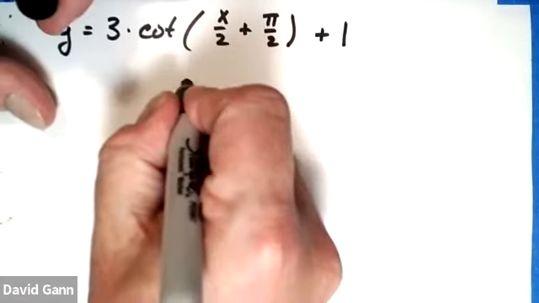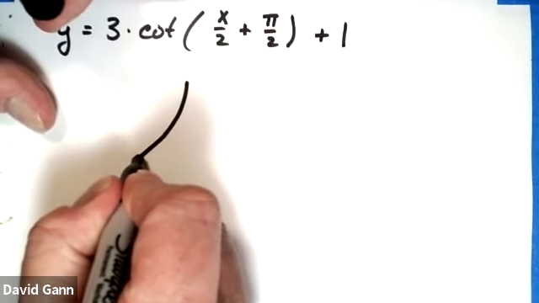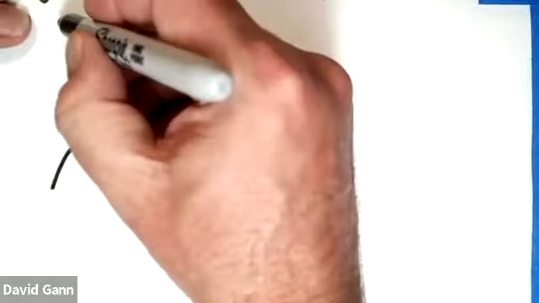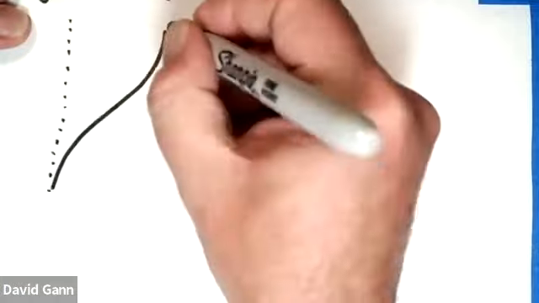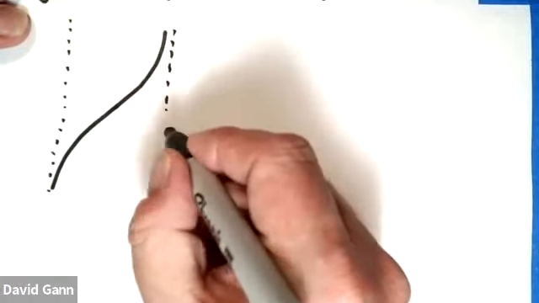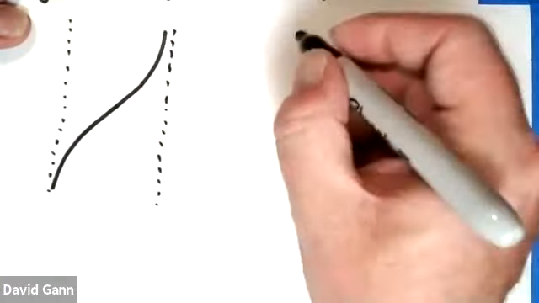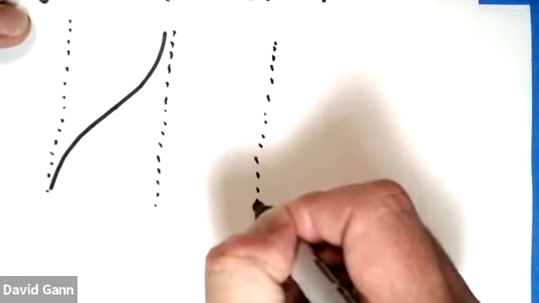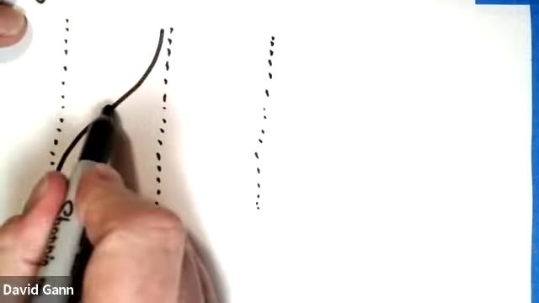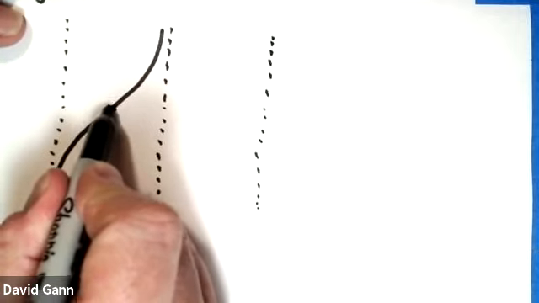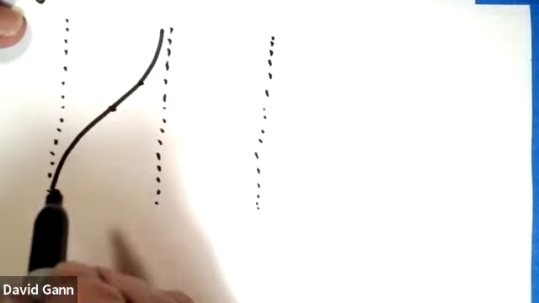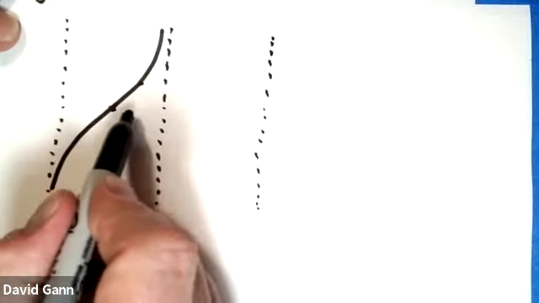We can just start by drawing the basic shape of the cotangent function, and just so I keep things from getting too squirrely, I'll go ahead and put in these vertical asymptotes. And this reflection point occurs right in the middle. If we go over a quarter, there's my quarter point.